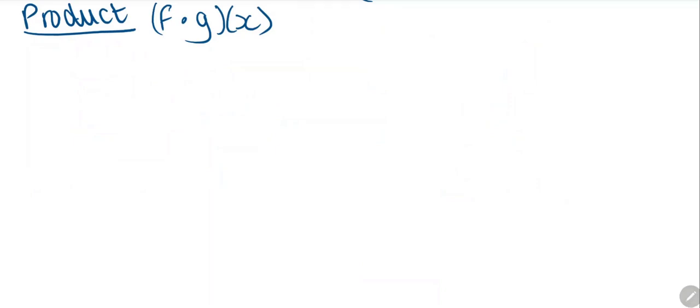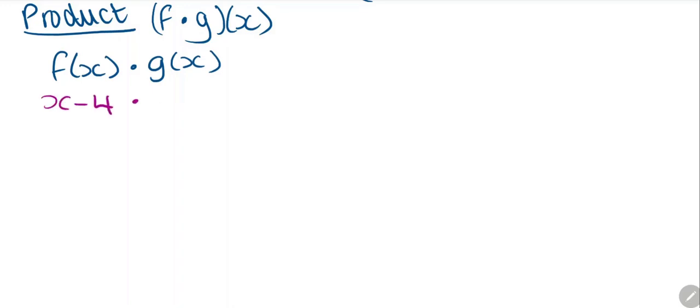So the product, this is going to be f multiplied by g of x. So we're going to rewrite this as f of x multiplied by g of x. And our functions we're using, so we've got x minus 4, and this is multiplied by, so I'm going to put these in brackets, x minus 4, and then we have the root of 9 minus x squared.